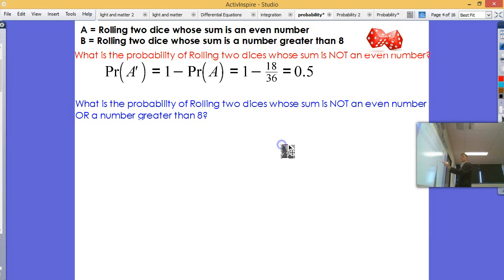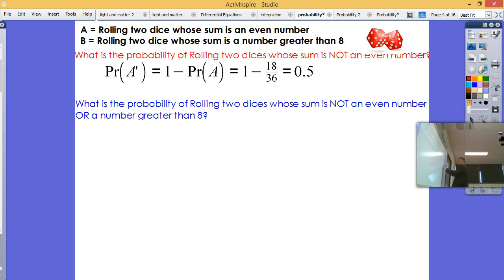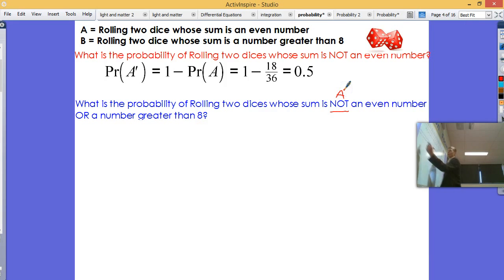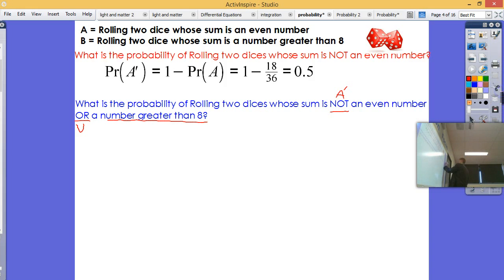What is the probability of rolling two dice whose sum is not an even number or a number greater than 8? Looking at the keywords there, that's the complement of event A, or corresponds to the union of two events. And then I've got my two events in description form here.